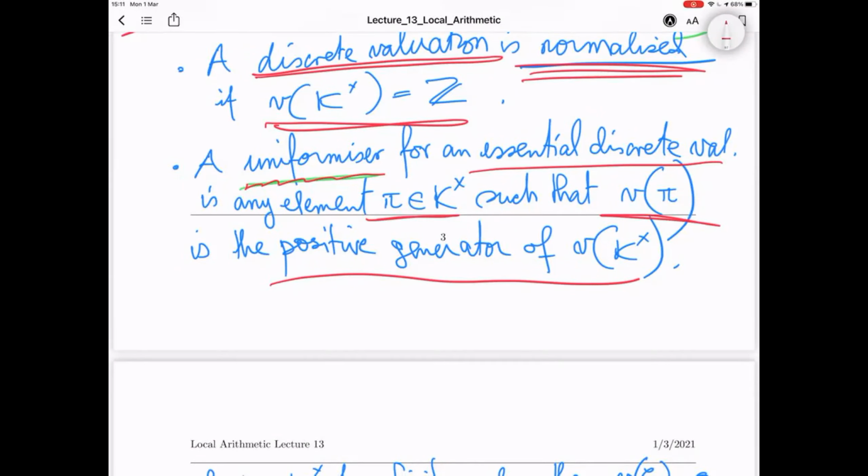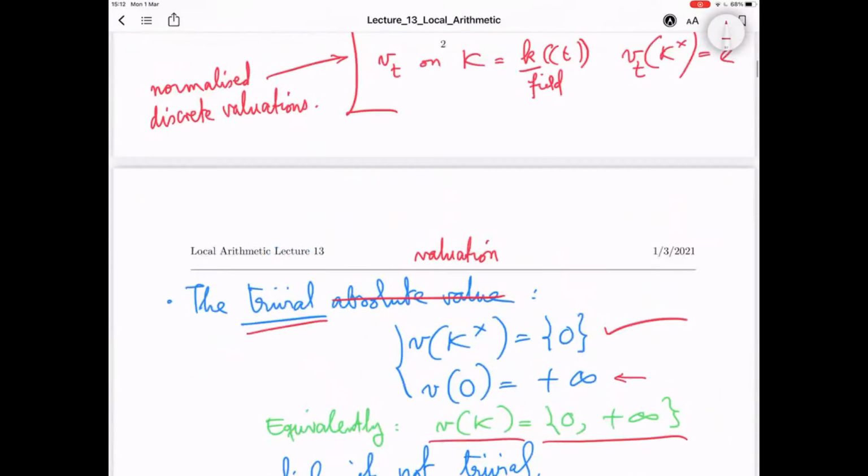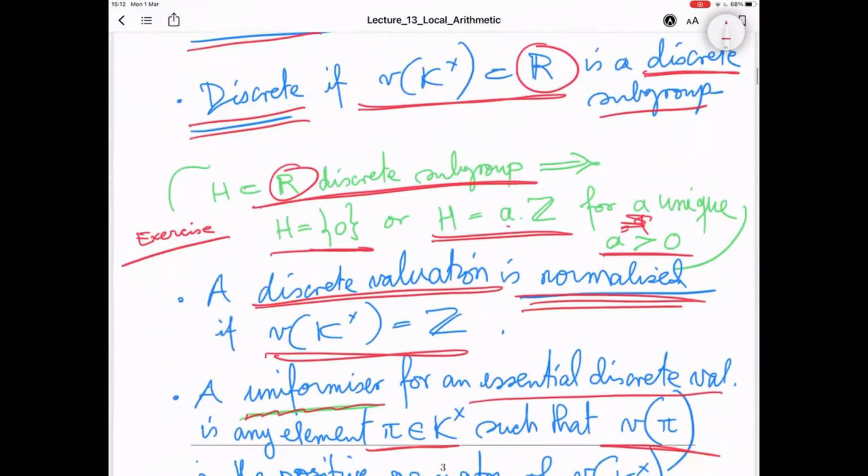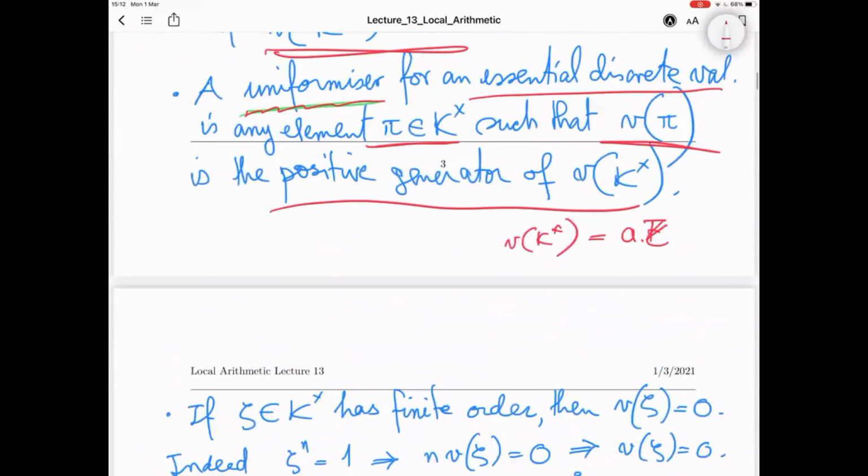That's because V of K star is a discrete subgroup, A times Z, I should say, for a unique A which is strictly positive, and anything which has valuation equal to A is going to be called a uniformizer.